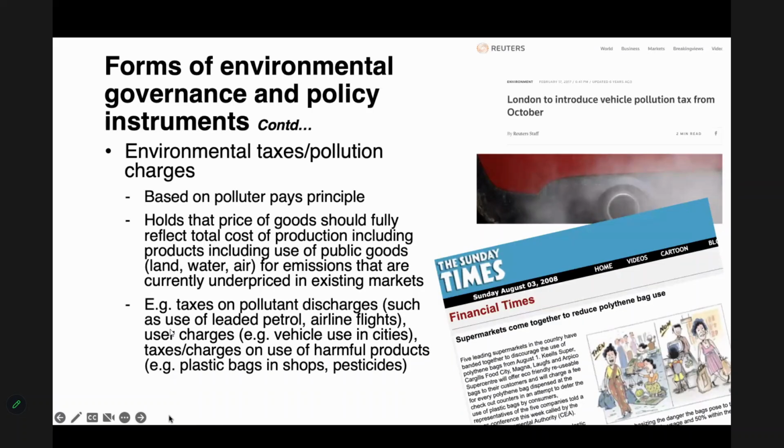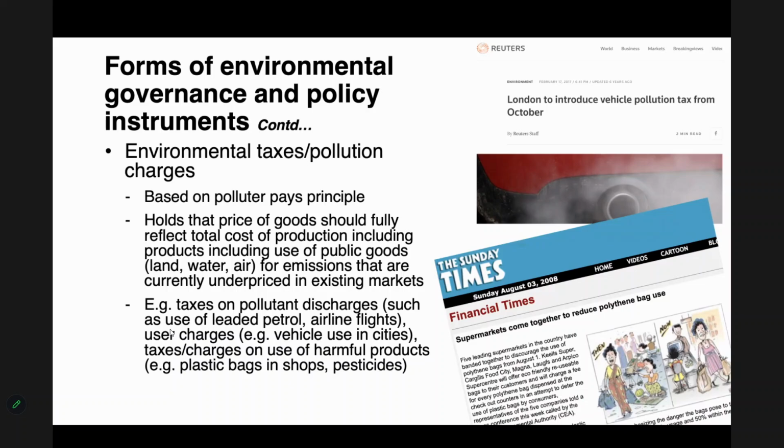Okay, so that was about cap and trade. And then another common type of market-based instrument is imposing environmental taxes or pollution charges. So again, this builds on what we discussed before, this polluter pays principle. So basically, you're trying to make the person that is responsible for the pollution actually pay the price.